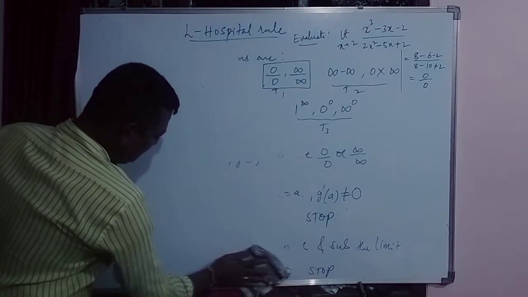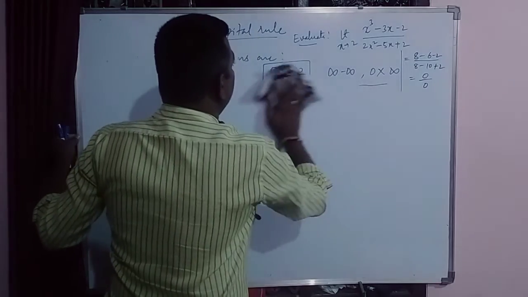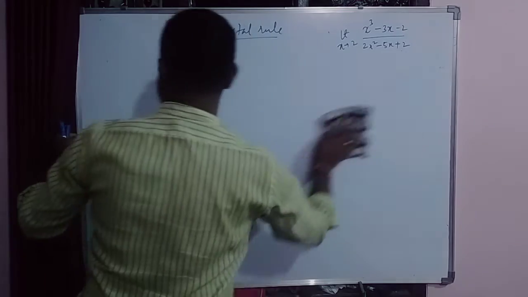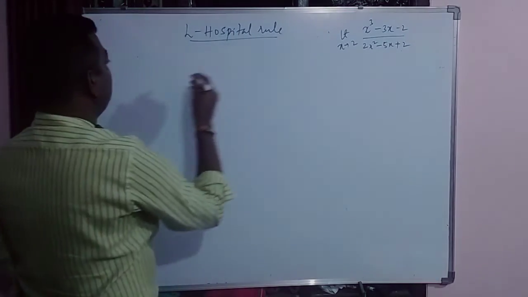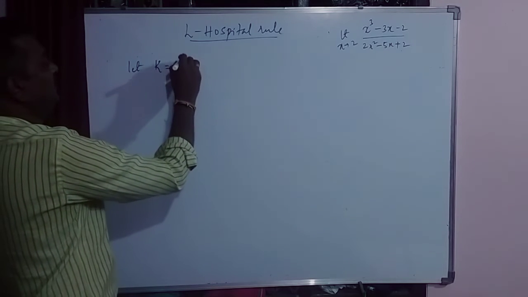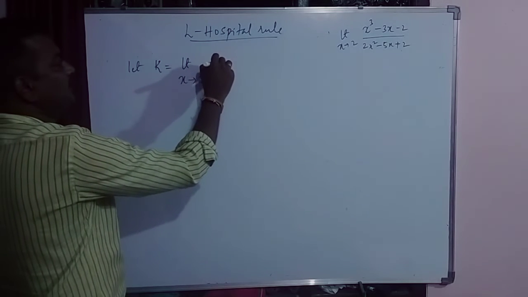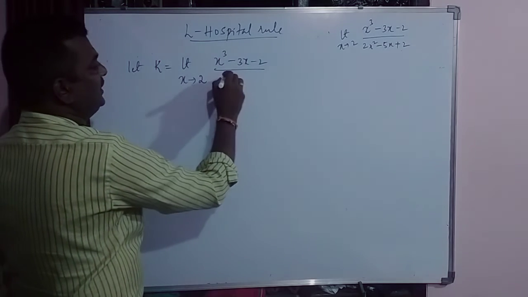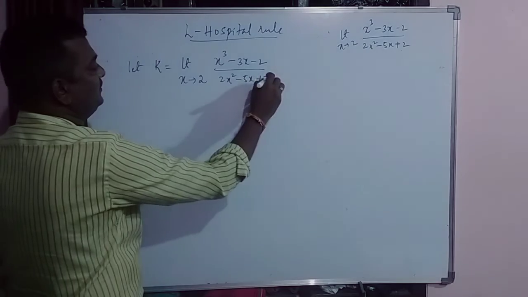The procedure is very simple. People are already aware. Let us discuss this example. Evaluate the limit. Start with let k is equal to limit as x tends to 2 of x cube minus 3x minus 2 divided by 2x square minus 5x plus 2.